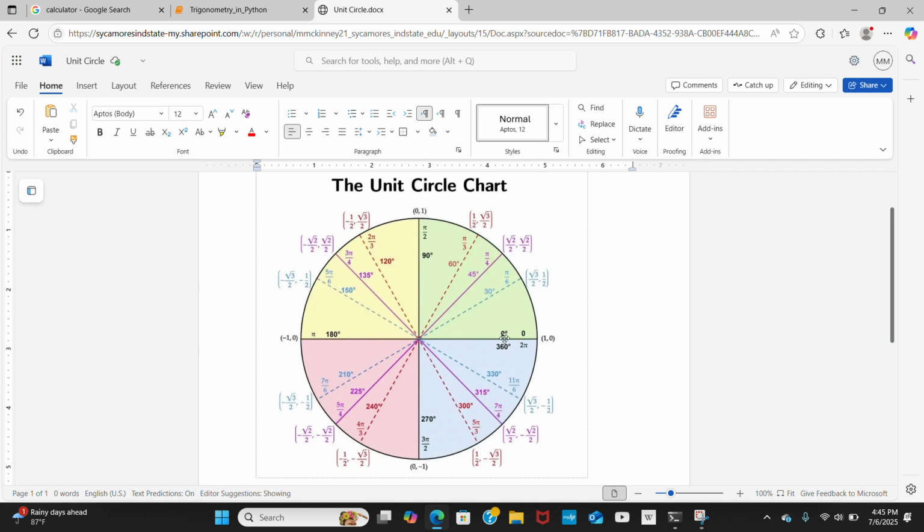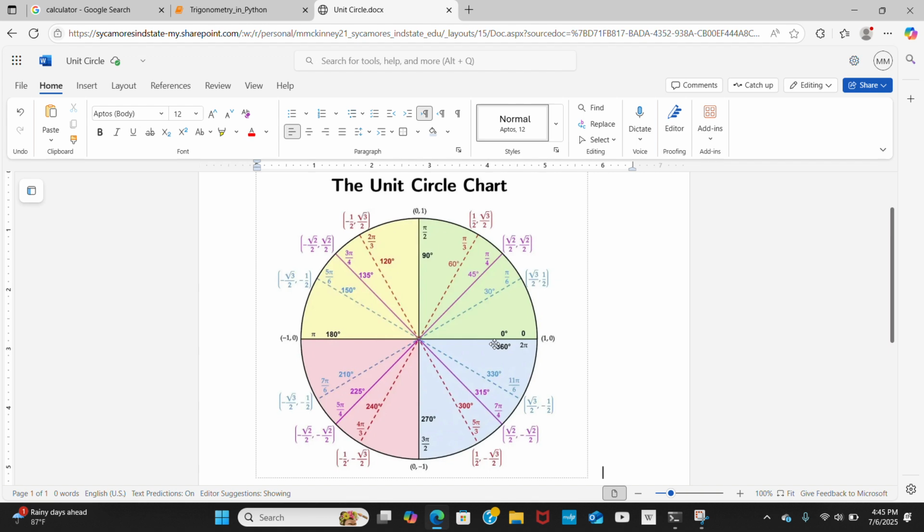Well, the unit circle goes on forever. It goes on forever both with radians and with degrees. It also goes backward negatively. So this is positive, this is negative, and it goes on forever. So you can find the unit circle of negative 10 pi over 3 radians and 1 million degrees.